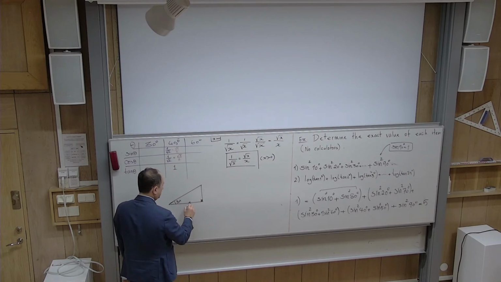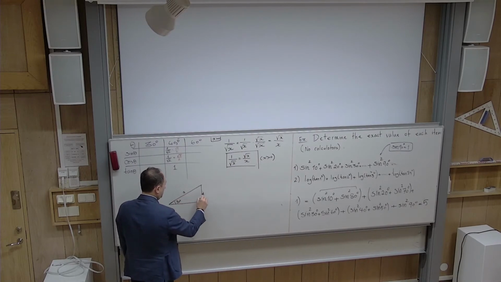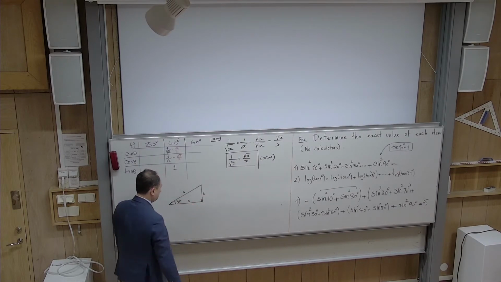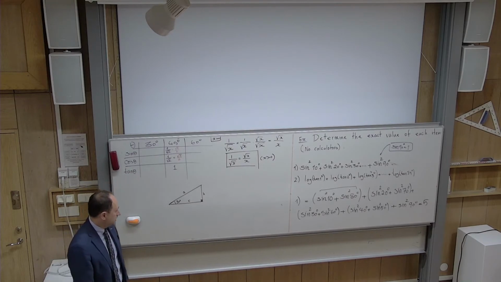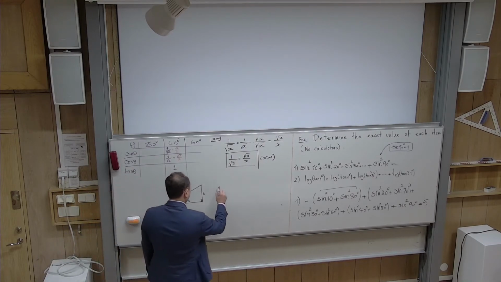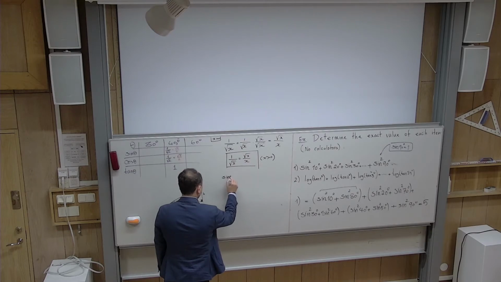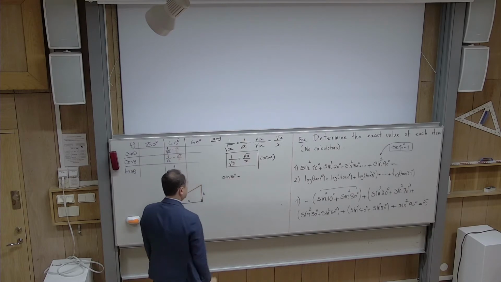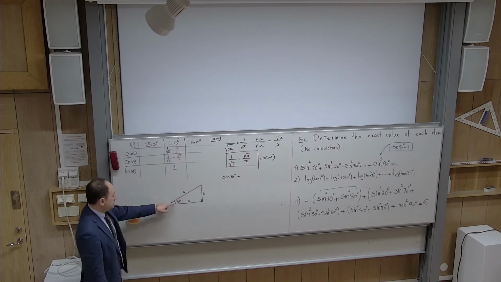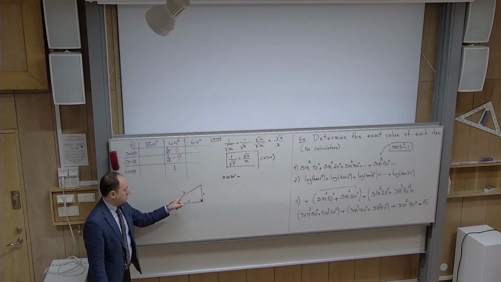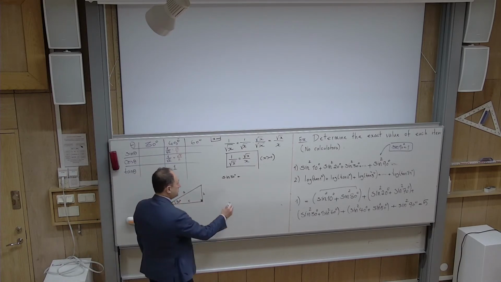Let me write A here, B here, and C here. I want to calculate sine of 30 degrees. Sine of 30 degrees is the opposite side divided by the hypotenuse, which is b over a.